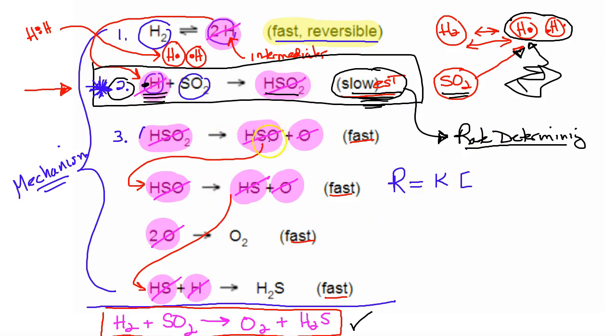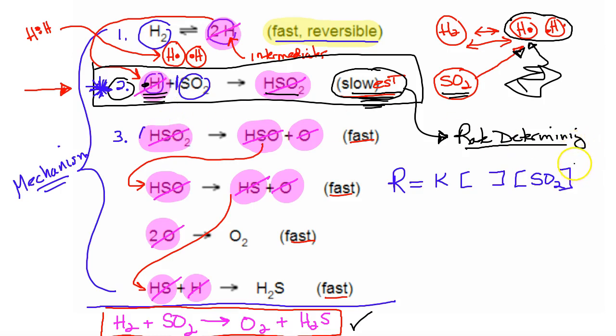So we can't put any intermediates into our rate law because they react so fast, you can't measure them. They're so unstable. So we have to put reactants or products into our rate law. Now, I do know that SO2 is one of my reactants. And because it's an elementary step, there's a coefficient of 1 in front of the SO2.